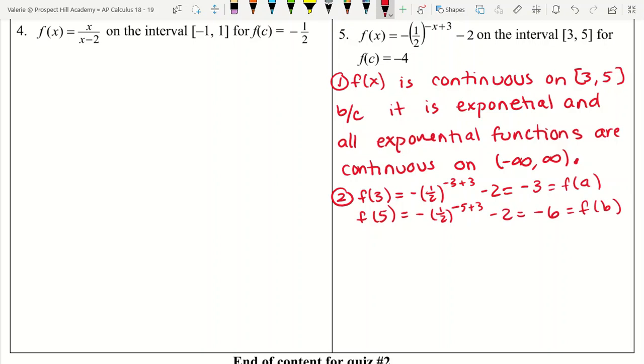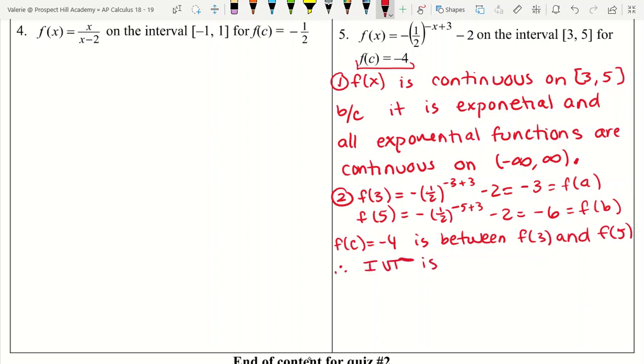And now our actual f of c is negative 4. Negative 4 is between negative 3 and negative 6. So f of c equaling negative 4 is between f of 3 and f of 5. Therefore, IVT is applicable.